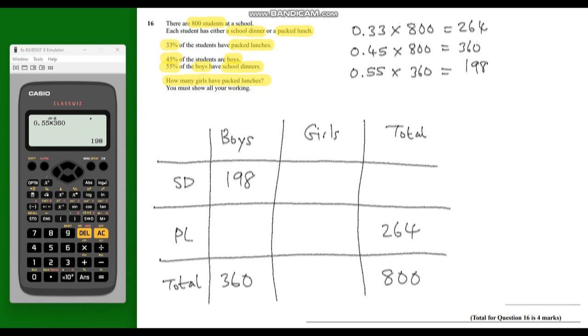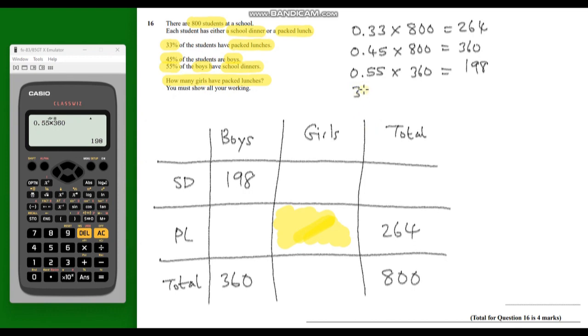Let's highlight which one we're trying to work out. How many girls have packed lunches? So girls packed lunch, we're working out this one here. First of all, we can work out the number of boys who have packed lunch. We can do that because if we know the total and the number who have school dinners, we can just subtract this one from this one.